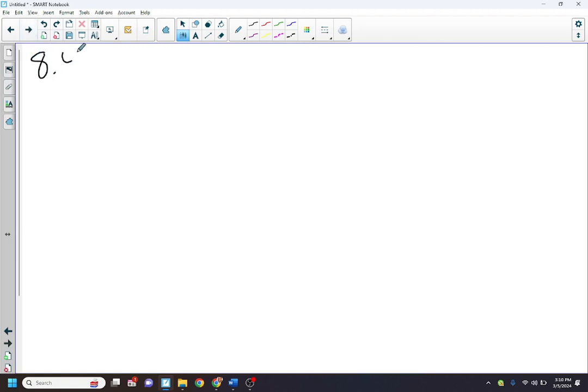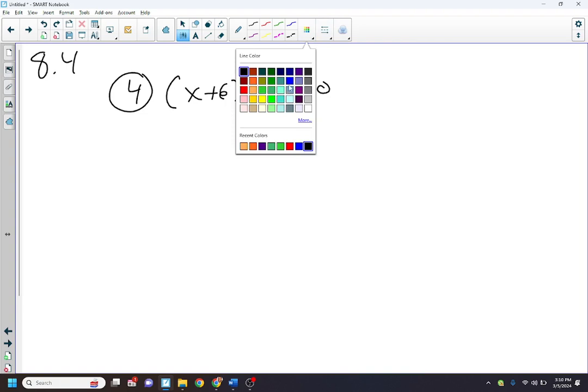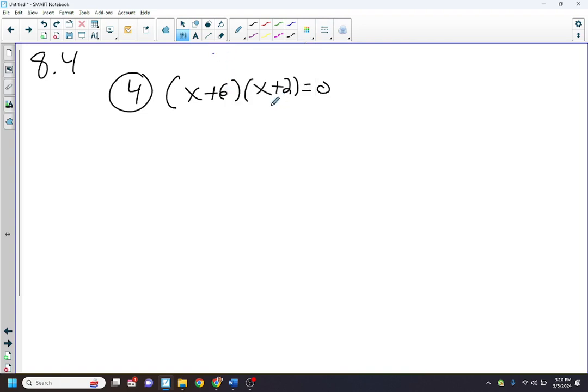Also on 8.4, let's say number 4, you have x plus 6 times x plus 2 equals 0. Remember, if it equals 0, you're going to split and solve it.